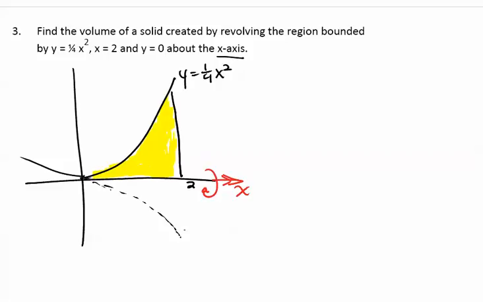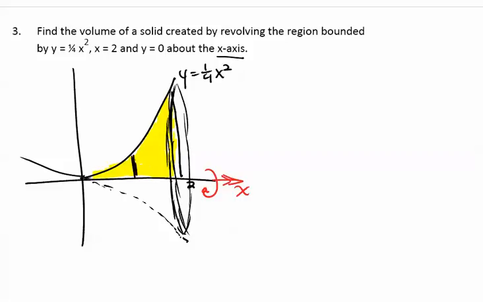You might find it easier to do that first, or you could do that second. So this is going to be an open, like the bell end of a trumpet here, if we revolve this region. So it's going to look like a circular end on the end of the solid.